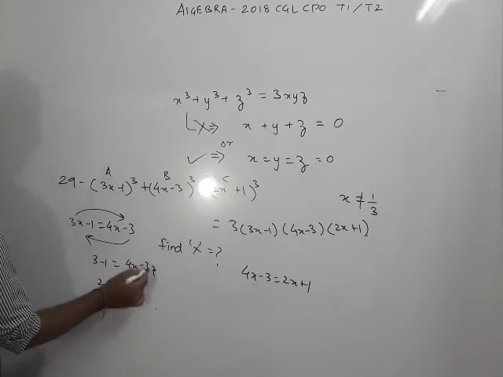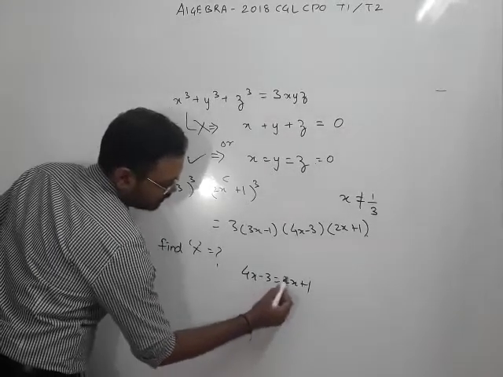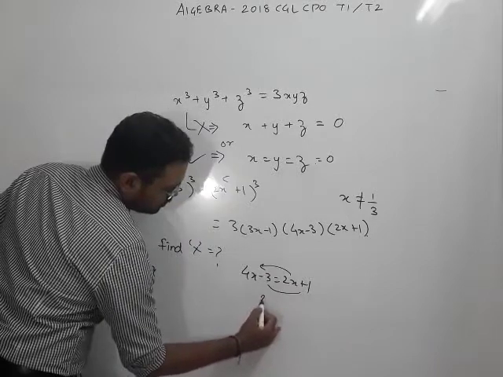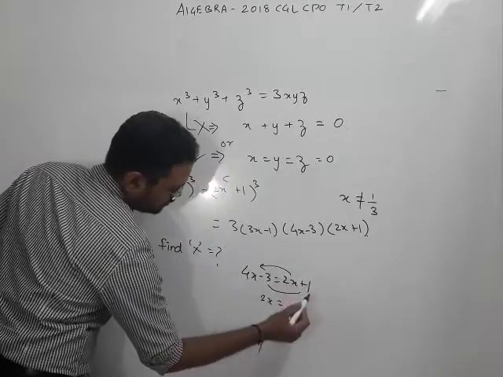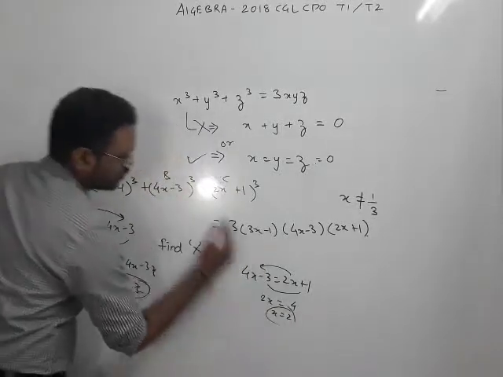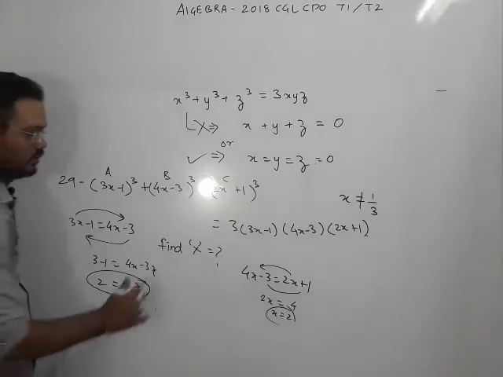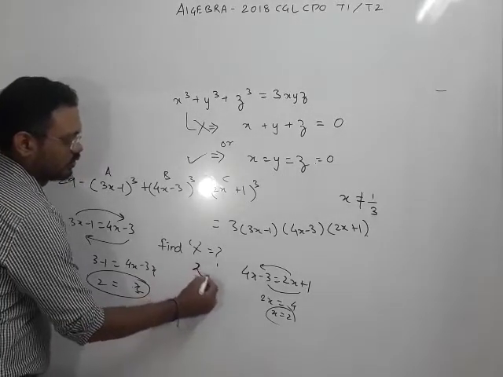It was a mistake, 4x minus 2x is this. X is becoming 2. Here also 2x will be 4, x is 2. So whichever two equations you take equal, you will get your answer x as 2. So our answer is 2.